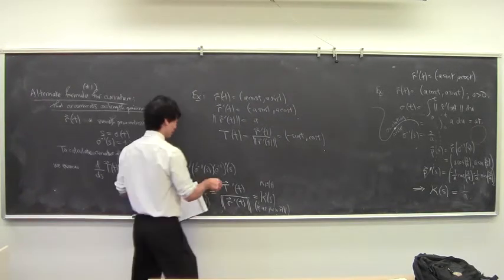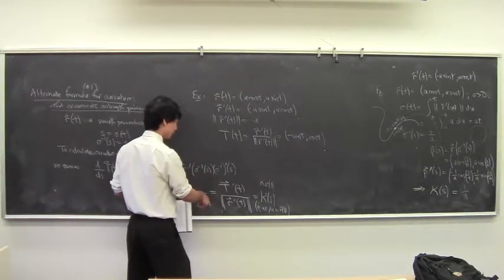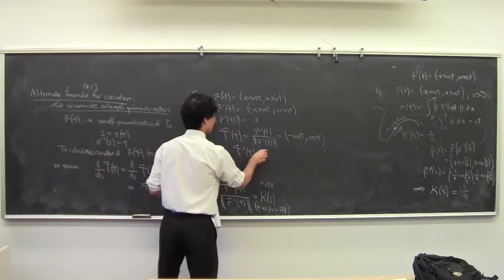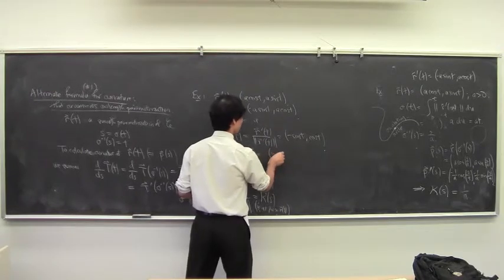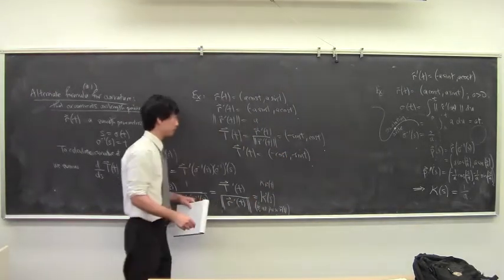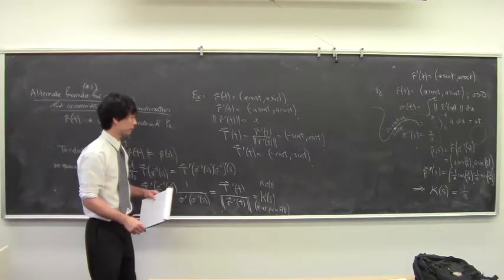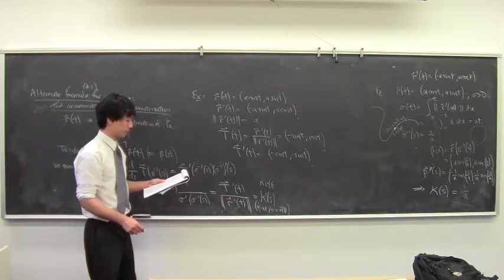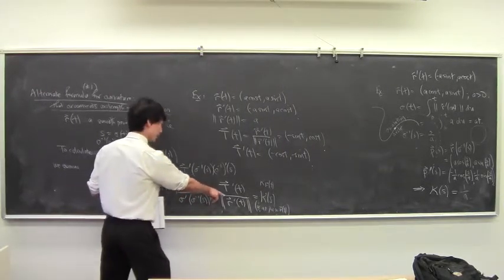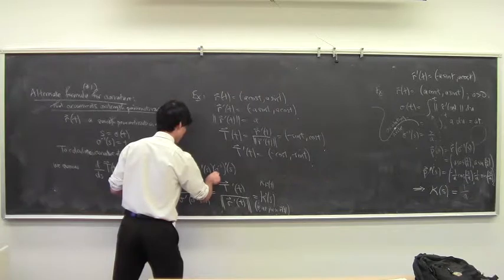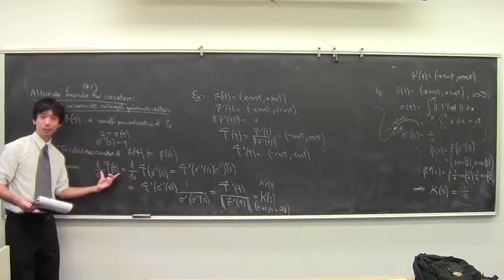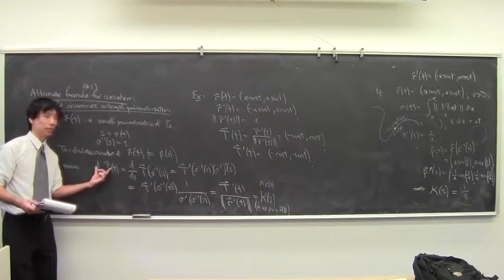Right. So now in calculating the curvature, I need the derivative of the unit tangent vector. So that's going to be negative cosine t, negative sine t. Oh, whoops. Sorry, I should have put a magnitude here, because the curvature is the magnitude of the change of the unit tangent vector.